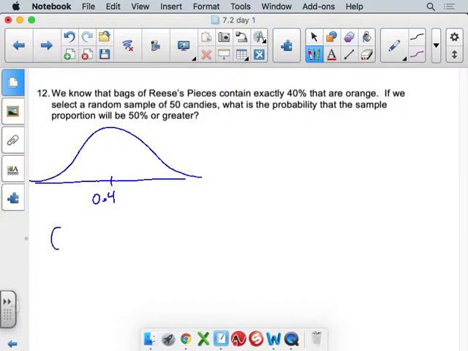And maybe I'll make a note of my standard deviation. Our question is, what percent of this normal distribution with this standard deviation has 50% or greater?